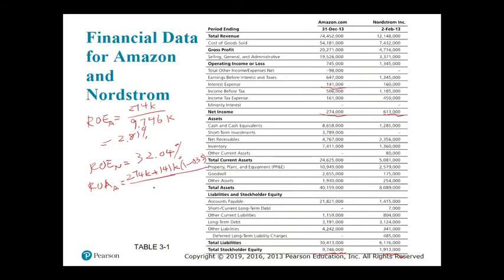This is divided by the total asset value, 4159K, giving a 0.91% return on assets. Compared with this value for Amazon, Nordstrom has an 8.86% return on assets. So on both of these measures, it seems like Nordstrom is doing better than Amazon.